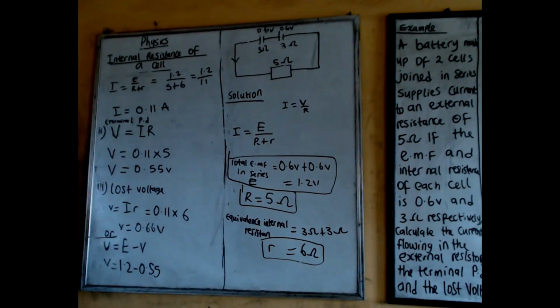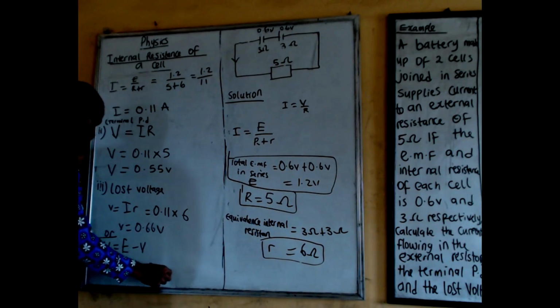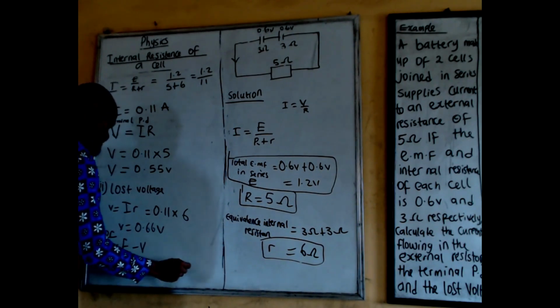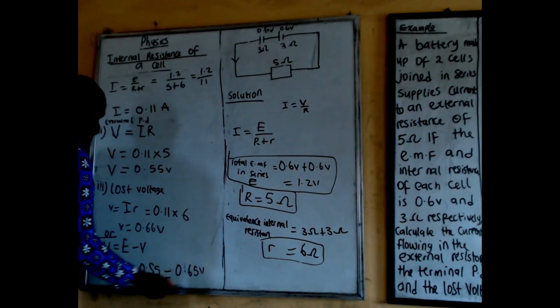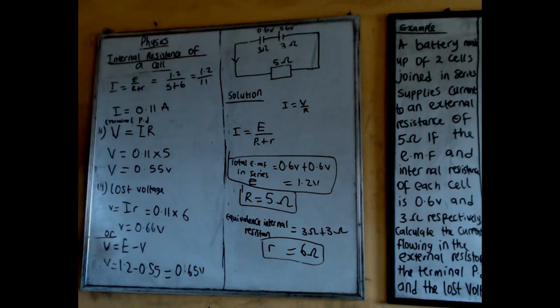If you subtract that, 1.2 minus 0.55, it will give us approximately 0.65 volts, which is the same thing. So there are alternative ways of getting lost voltage.